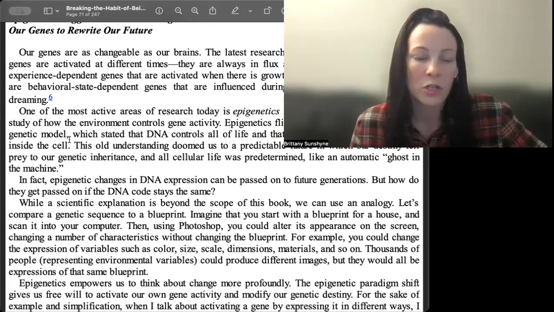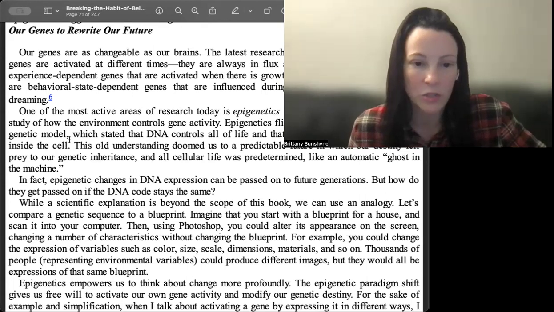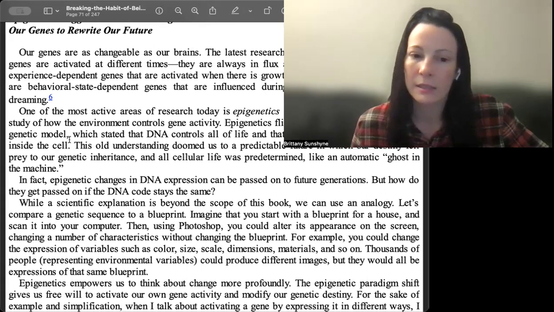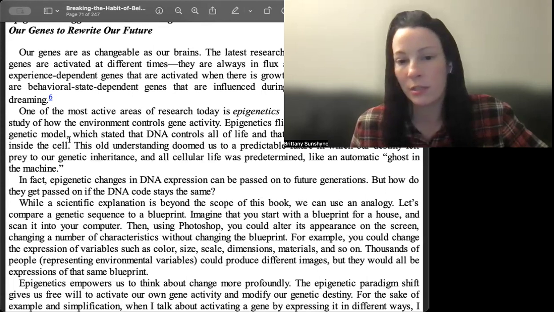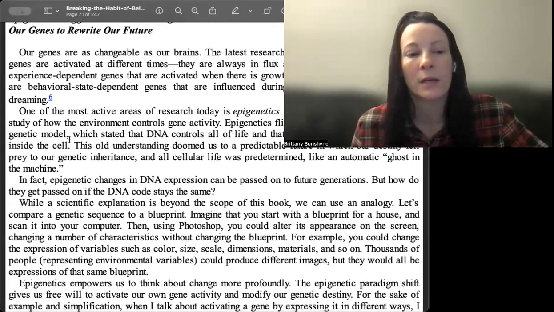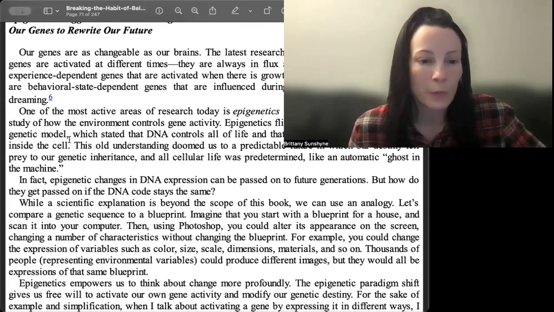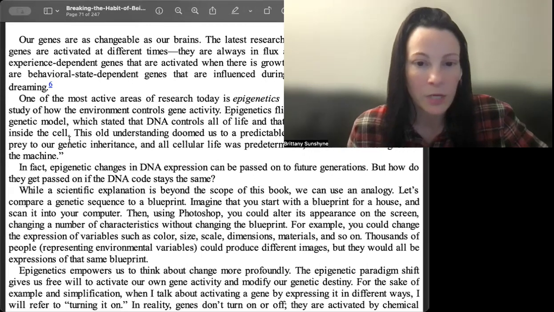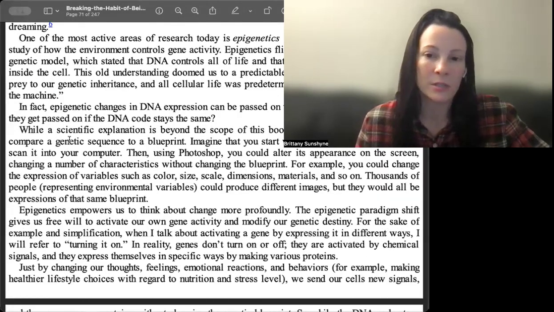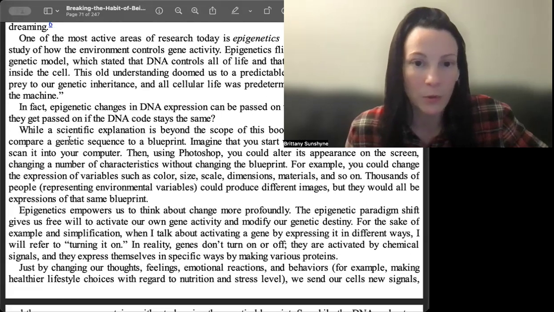For example, you could change the expression of variables such as color, size, scale, dimensions, materials, and so on. Thousands of people representing environmental variables could produce different images, but they would all be expressions of that same blueprint.